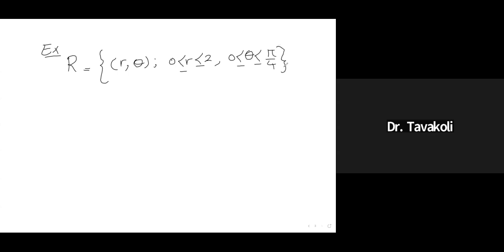If I want to show this region, this means all the points whose distance from the origin is somewhere from 0 to 2, and when I connect the point to the origin, the angle it makes is somewhere from 0 to pi over 4. That region will be this region that I'm gonna shade in this coordinate system.